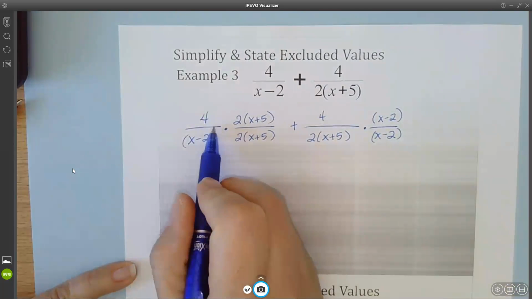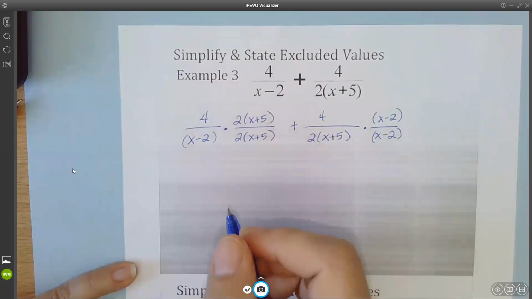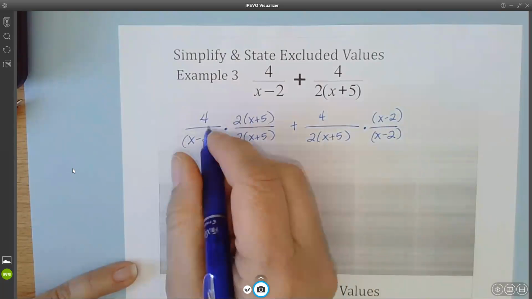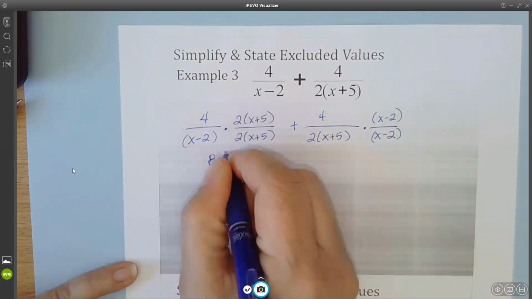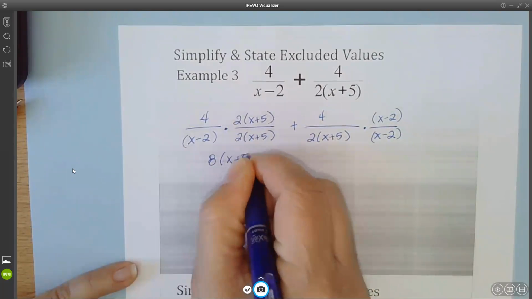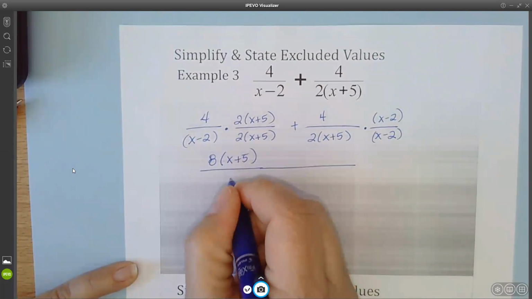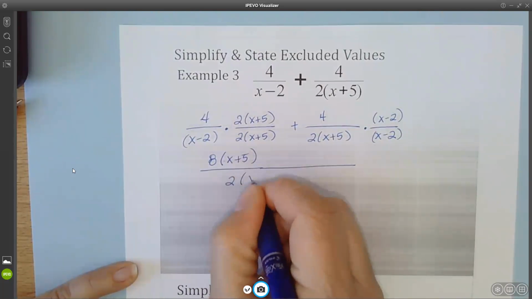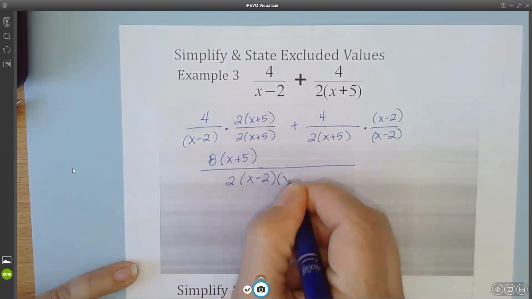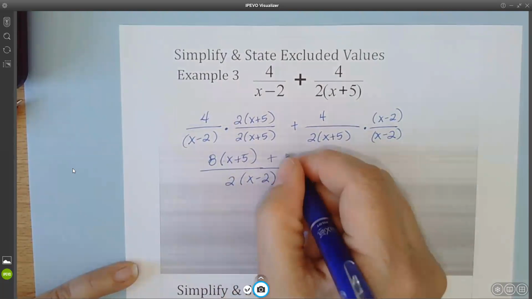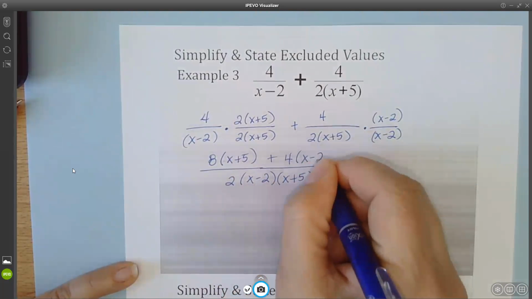So this first polynomial becomes 4 times 2 is 8 times x plus 5 over, actually they'll all have the same denominator now, so I'm just going to write it once. Okay, and then plus 4 times x minus 2.